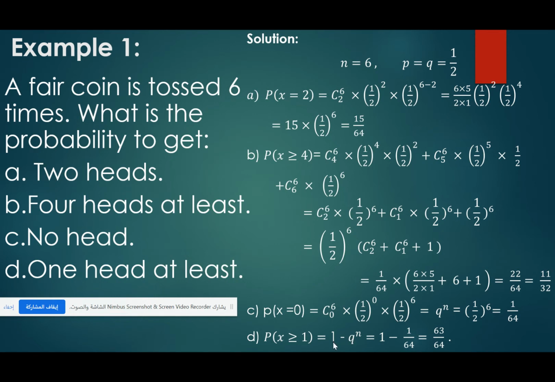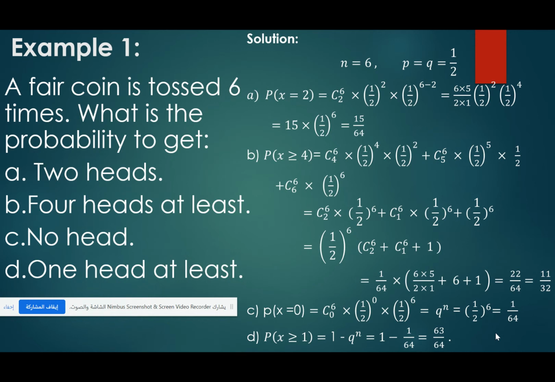And this is what we need, at least one head. So that will be written as 1 minus 1 over 64, which, after equalizing the denominator, 64 times 1 is 64, minus 1 is 63 over 64. Remember, the numerator should be smaller than the denominator. And remember, if you add this one and this one, you will get the certain event, which is 64 over 64, which is 1, to be sure that your work is right.